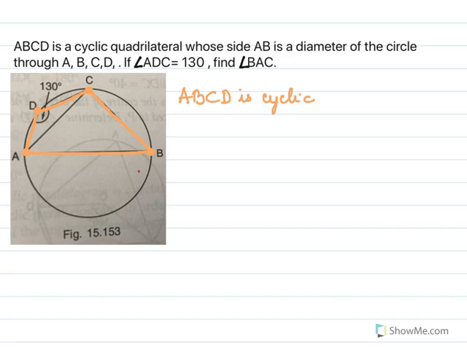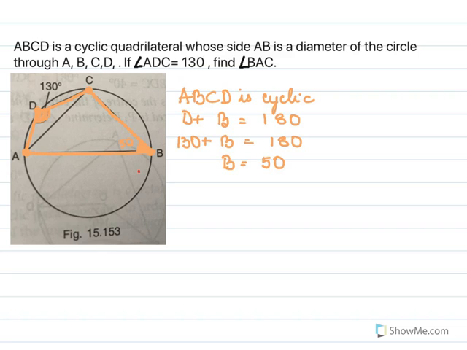So the opposite angles will be 180. So angle D and angle B are opposite. So D plus B equal to 180. Now we know D is 130 plus B is 180. So you'll get your B is 180 minus 130 and this is 50. So we got this angle as 50.